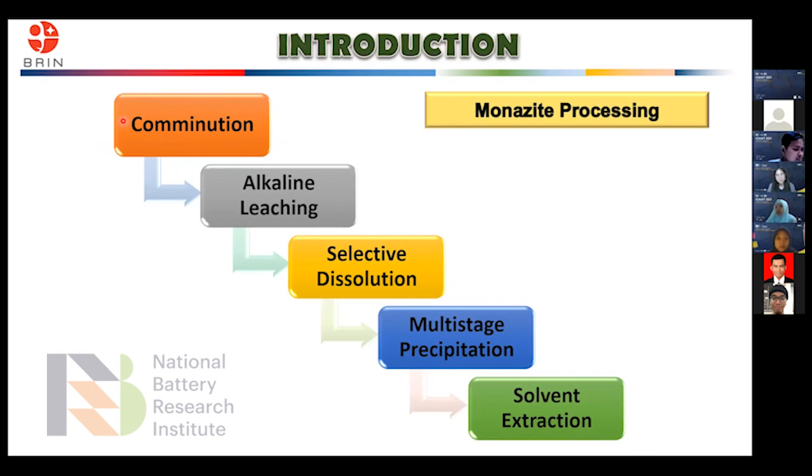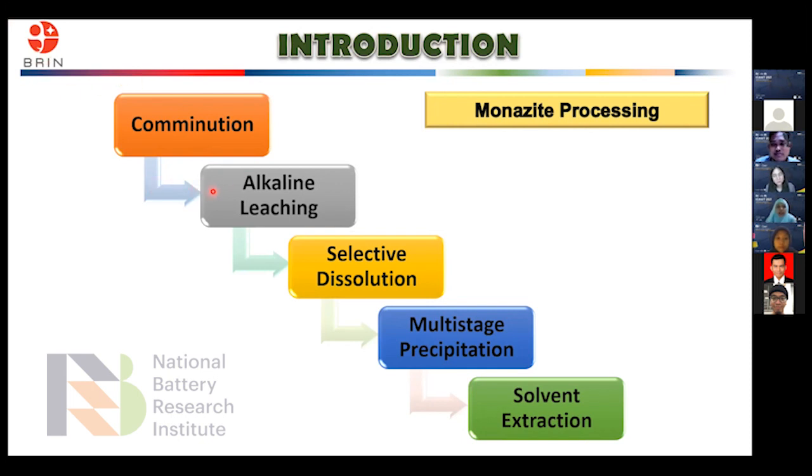Comminution is a process for reducing the size of monazite particles. The particles have to be reduced to give greater surface area, so the reagent can effectively contact them. In this comminution process, monazite was ground to a size of minus 325 mesh.